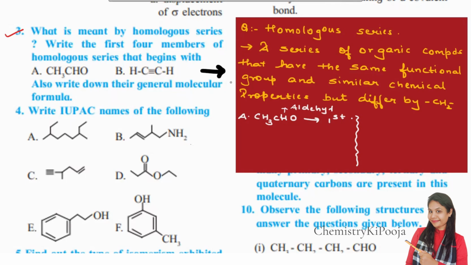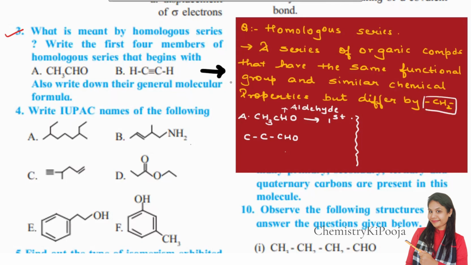If this is the first member, the second member will be containing one more carbon atom, isn't it? So I'm going to write down this CHO, 2 carbon, and then the second member will be containing 3 carbon. Clear? Same way, I'm going to keep on adding one carbon atom. So basically, I'm adding one CH2 group.